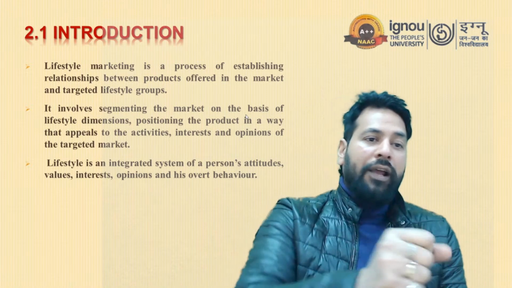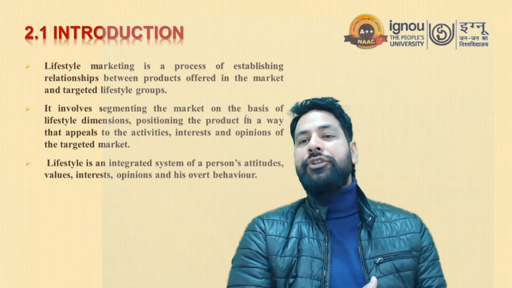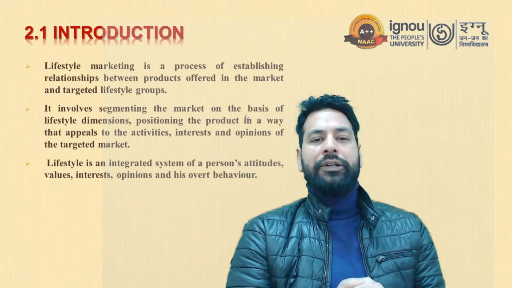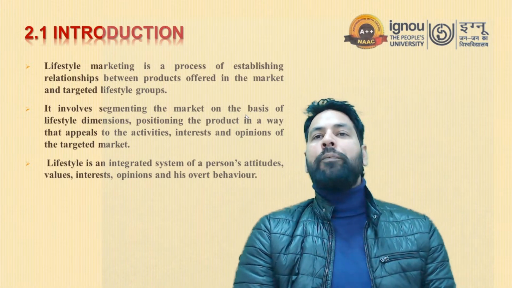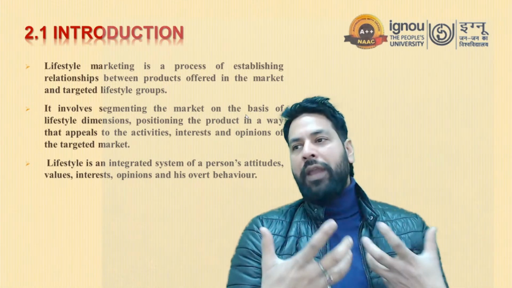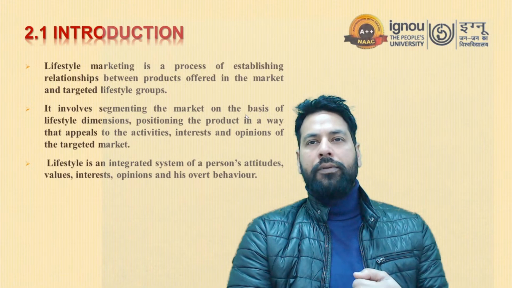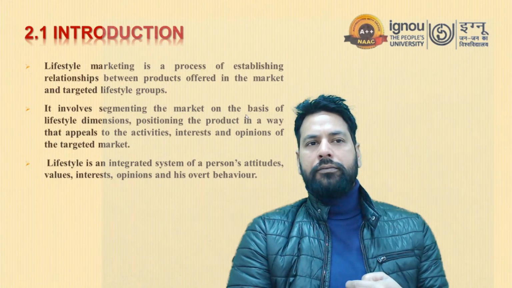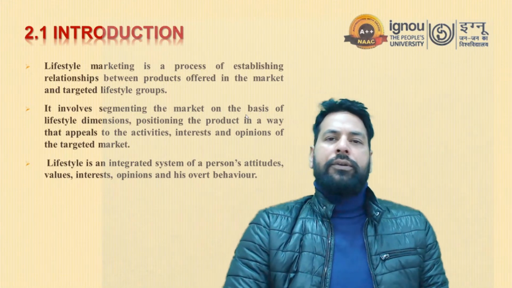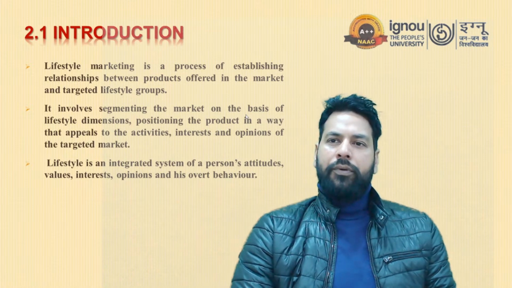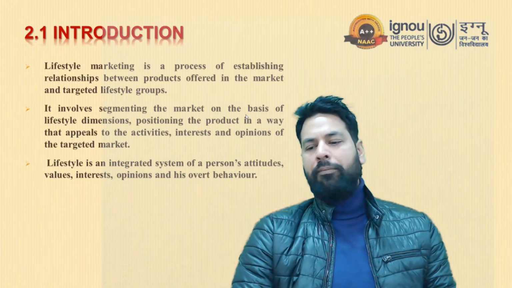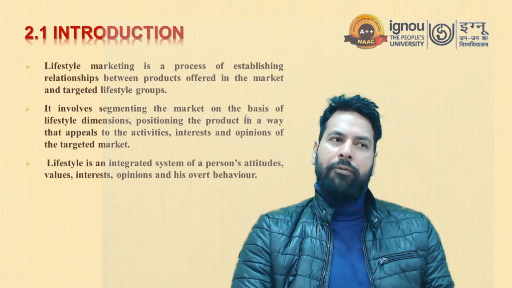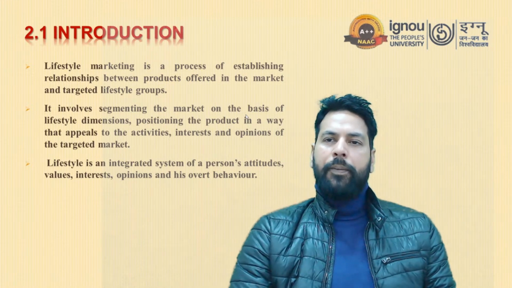The third point says lifestyle is an integrated system of a person's attitudes, values, interests, opinions, and overt behavior. What this means is outward behavior. I might be an adventurous man. So my lifestyle would be that I will be riding a bike, going to the mountains, doing scuba diving.